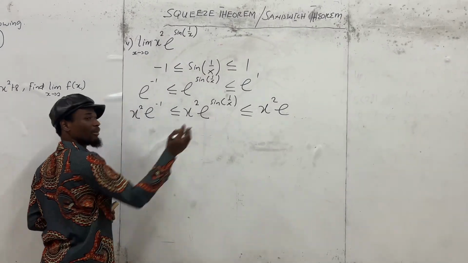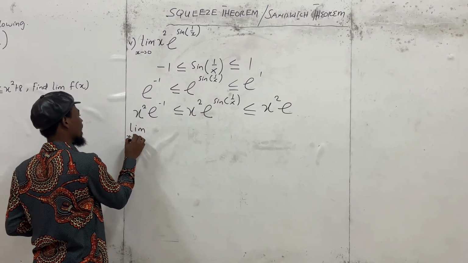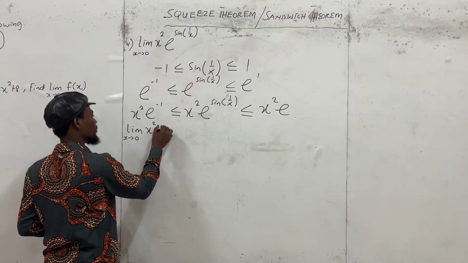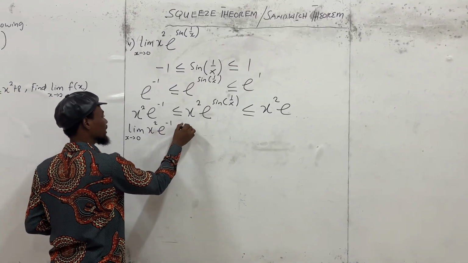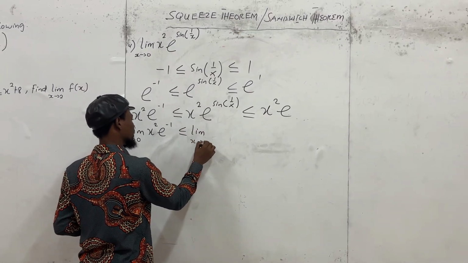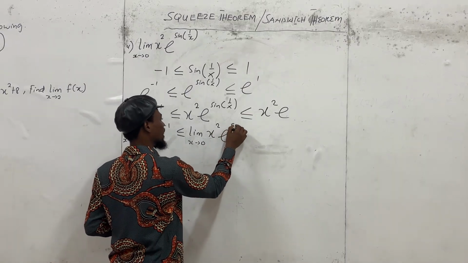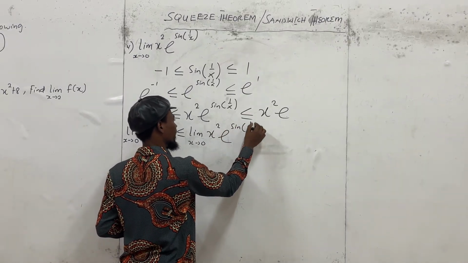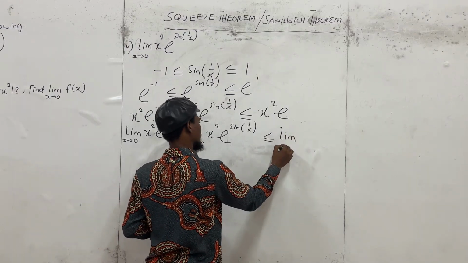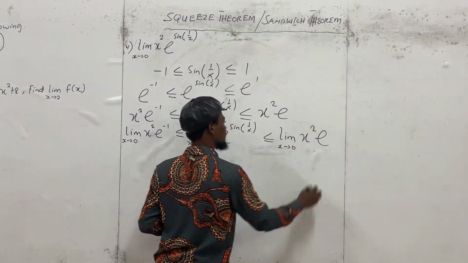So we can take limits. You have the limit as x approaches 0 of x squared times e to the power of negative 1, less than or equal to the limit as x approaches 0 of x squared e to the power of sine of 1 over x, less than or equal to the limit as x approaches 0 of x squared times e.